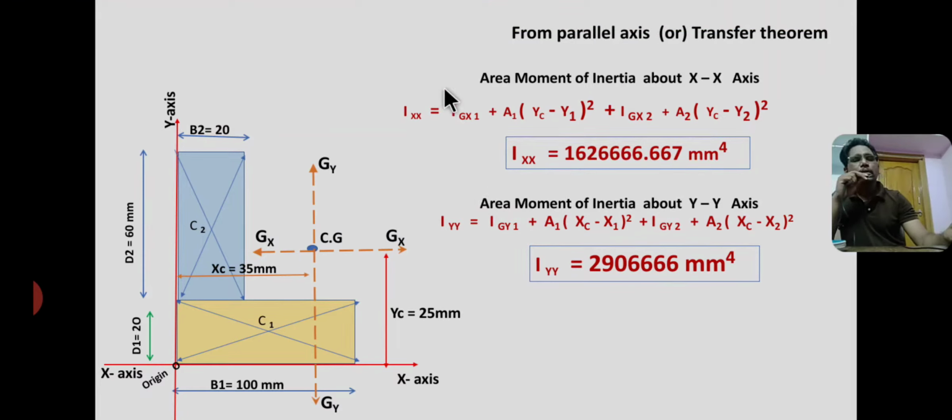From the parallel axis theorem or transfer theorem, we already know that the area moment of inertia about the xx axis, about the base, Ixx equal to Igx1, that means moment of inertia about the centroidal x-axis, plus area 1, the area of the bottom rectangle, into yc minus y1 whole square, plus Igx2, the area moment of inertia of the second section about the centroidal x-axis, plus area 2, the area of the second rectangle, into yc minus y2 whole square, where yc minus y1 and yc minus y2 refer to the distance between two parallel axes.